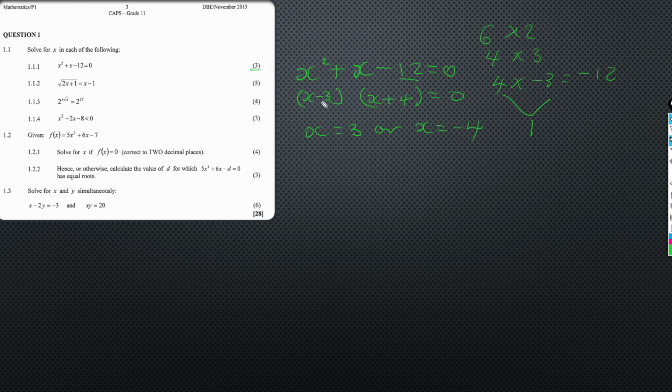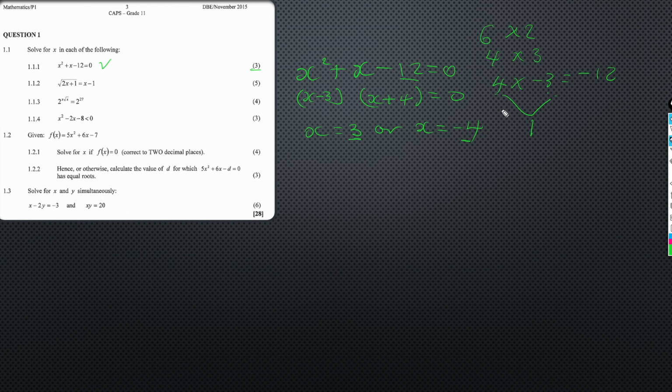And remember, when we take them out of the brackets, we have to change the signs. So that's how you can solve the first question.